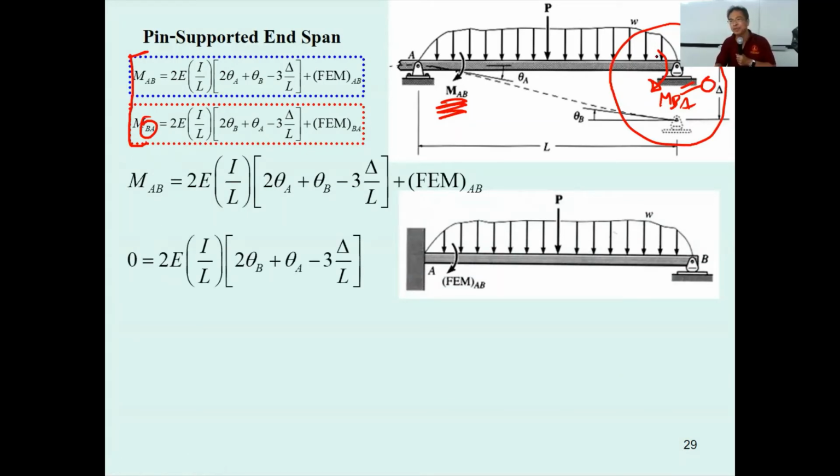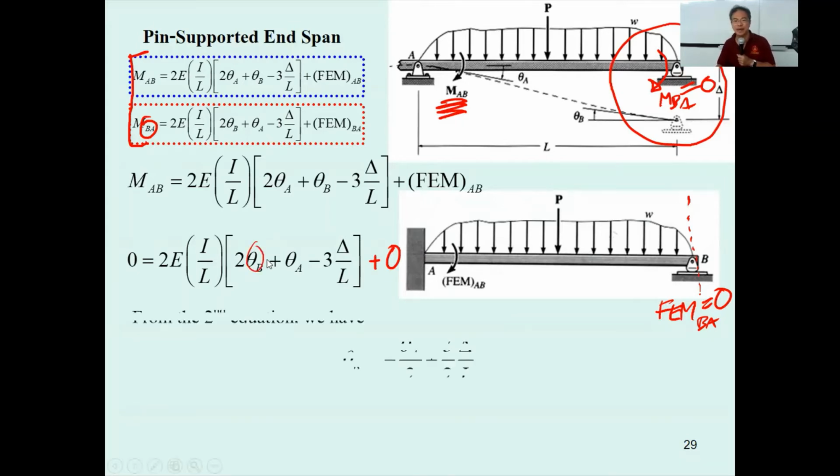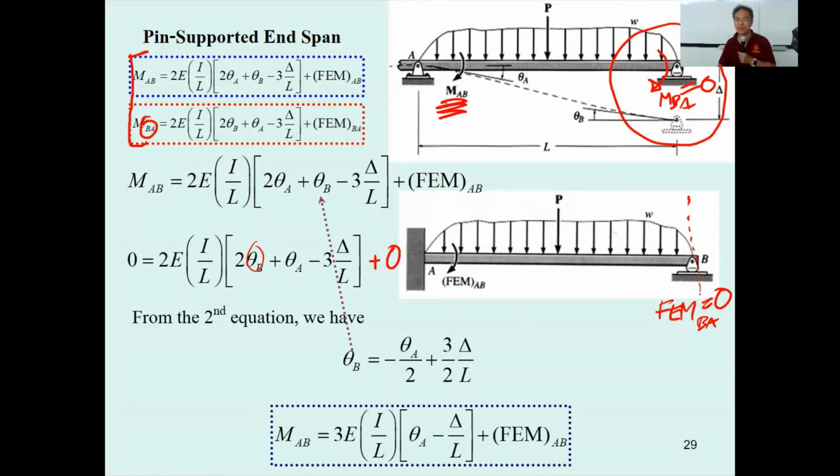And since this is the roller over here, the fixed end moment BA is also equal to 0. So you have 0 here and 0 here. You can rearrange this one to get the term theta sub B, and then you put theta sub B back into M sub AB. You get this special equation.